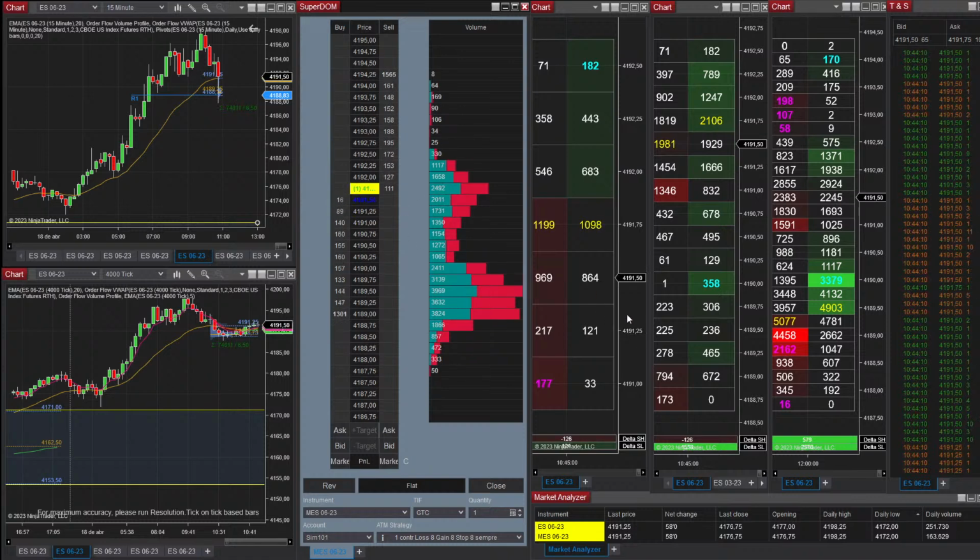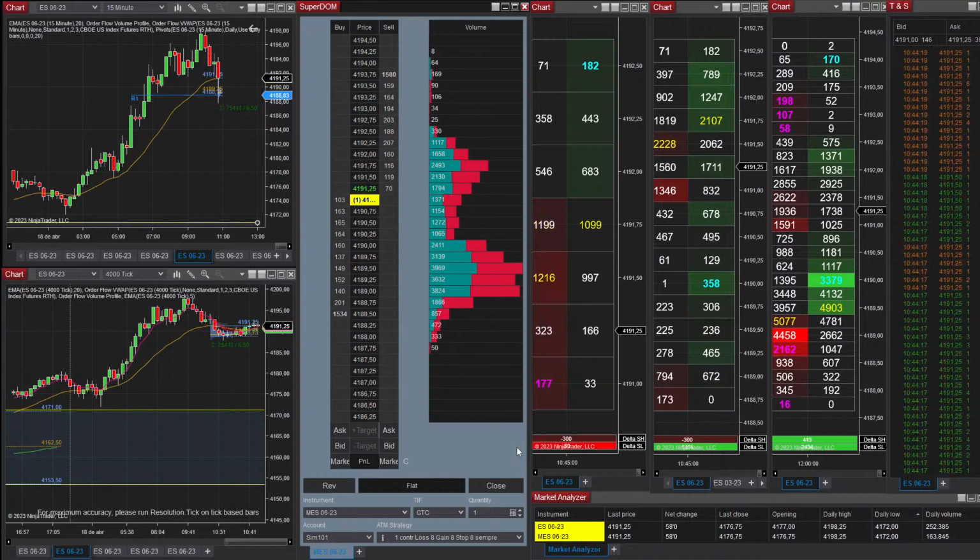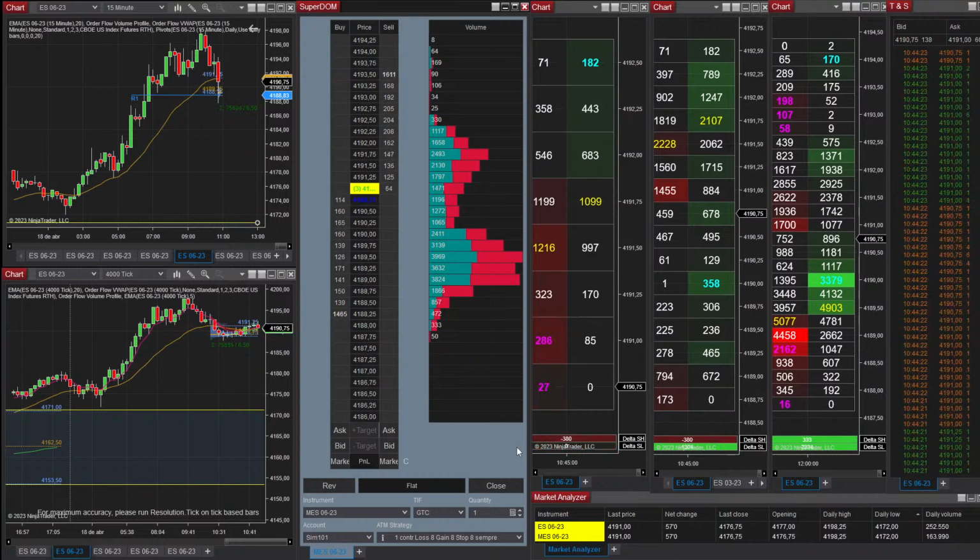We could see it fading here, or we could see another test to 89. Yeah, Aaron, you're right. We just need to be patient, because sometimes trying to get these moves here is risky.